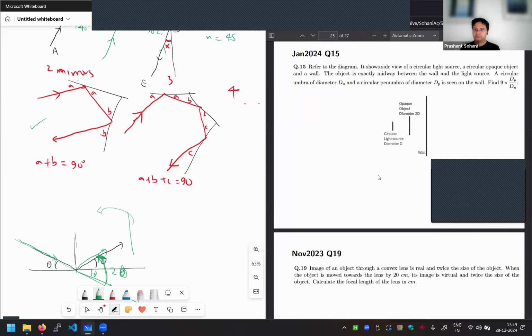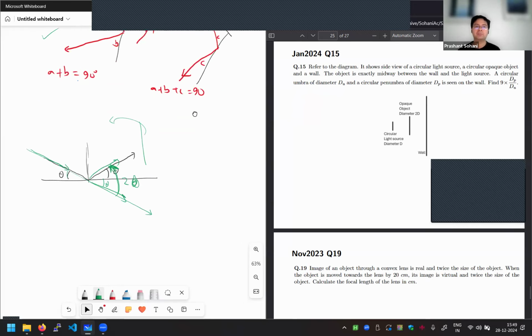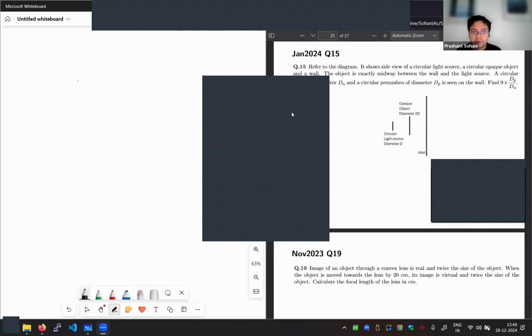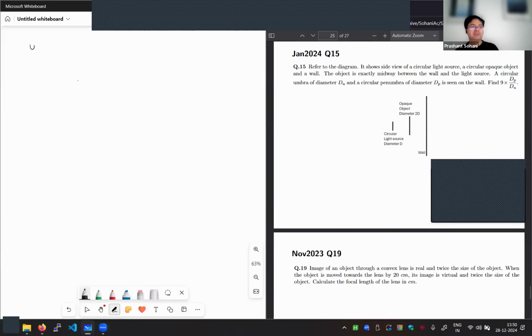Maybe before talking about this question, because somebody had asked this doubt, what is umbra and penumbra. In general, when you have a light source, everybody is posting a different spelling of umbra and penumbra, and at least the spelling which I know is umbra and penumbra. So the idea is very simple.